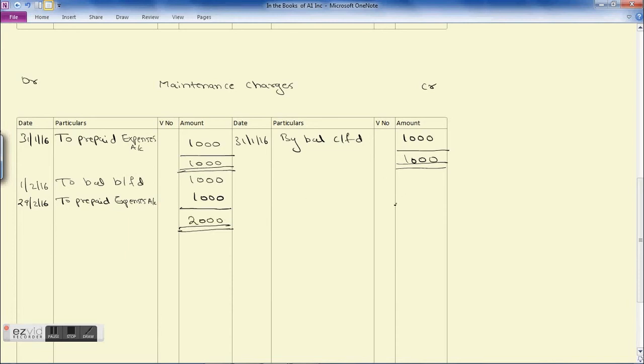Okay. Now maintenance account also will close. Total is 2,000 on debit side. Credit side there is no entry. So total is 2,000. So on 29/2/2016 by balance carry forward 2,000, on 1st March 2016 to balance brought forward 2,000.